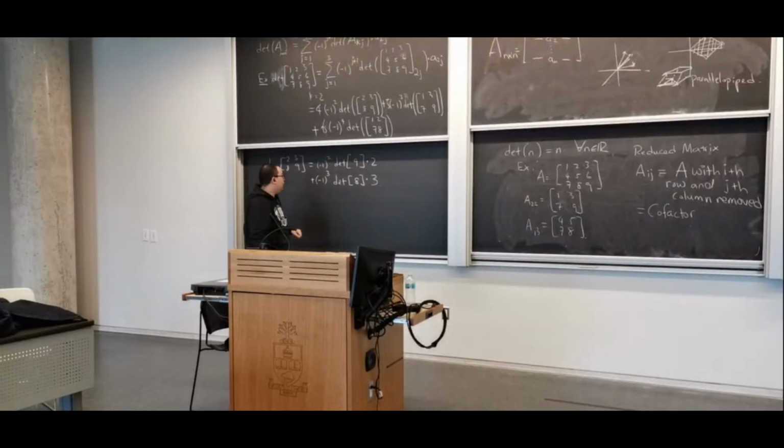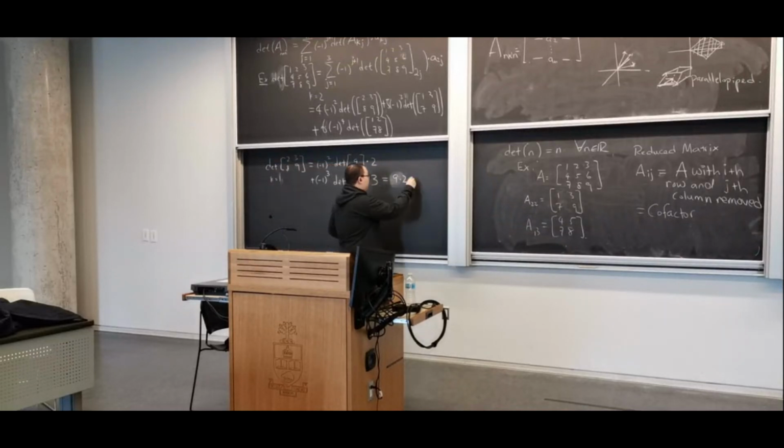So what is this equal to? Well, again, we're looking at the determinant of a single number. The determinant of a single number is just the number itself. So we're looking at minus 1 to the power of 2, which is just 1. You can ignore that. We're left with 9 times 2, plus minus 1 to the 3, which is minus 1.